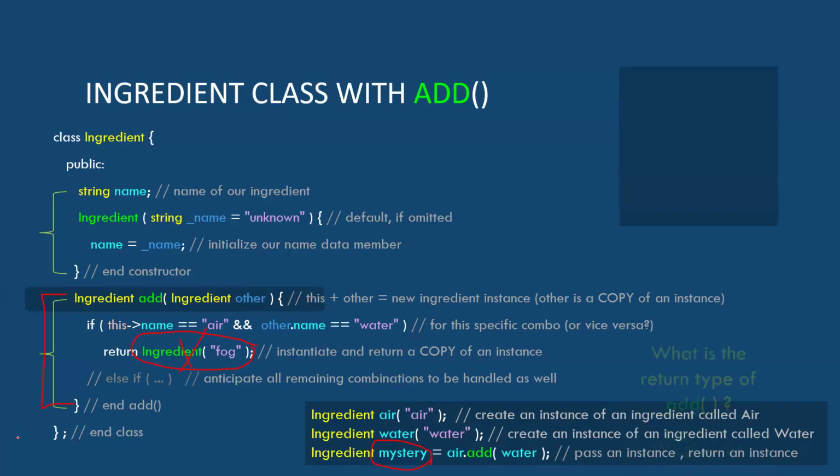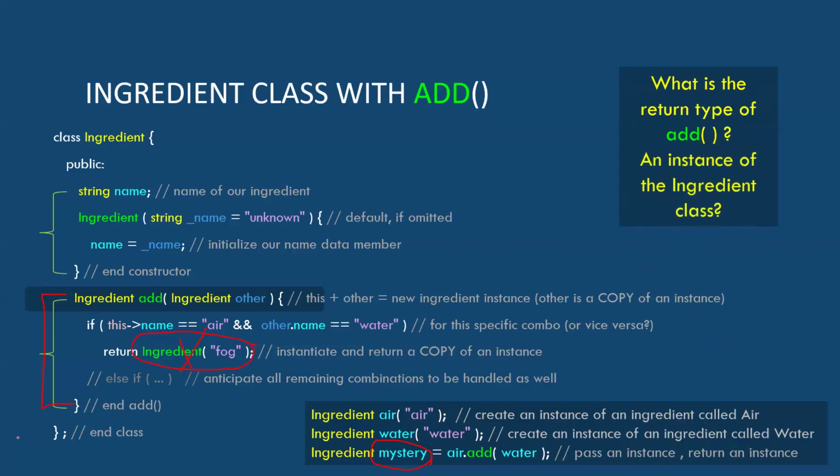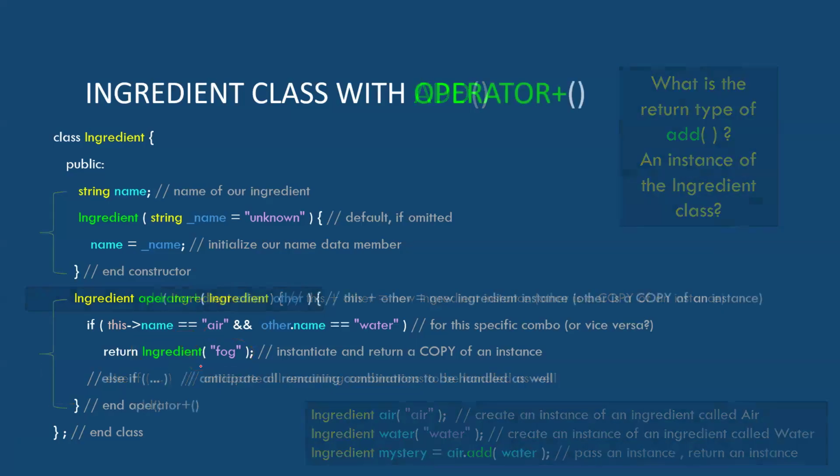And if we ask ourselves what the return type is, we should be able to find that out in two ways. It's the type of the method, and it should very much match what we're actively creating down here: a transient constructed instance of the ingredient class constructed with the fog, okay?